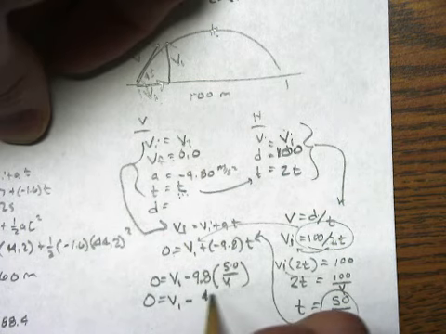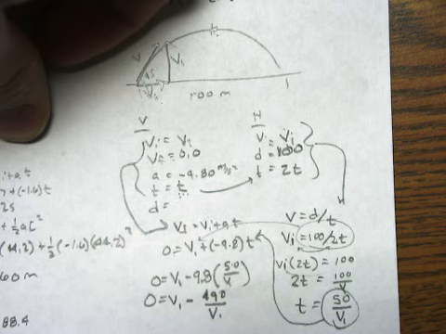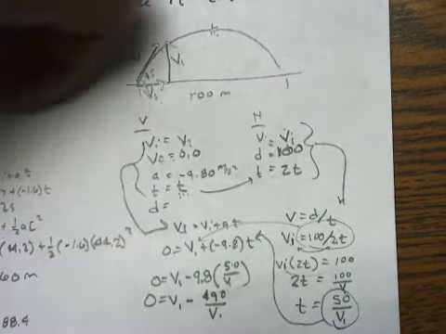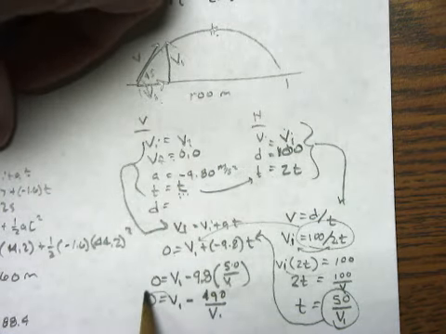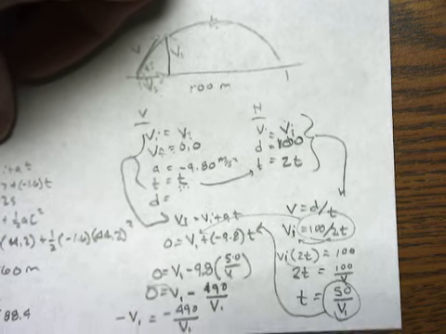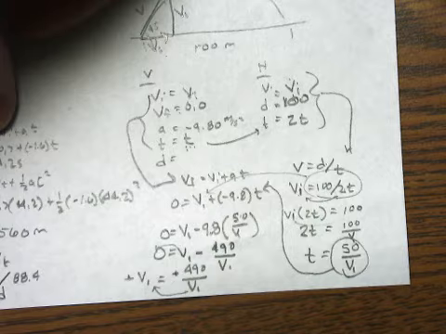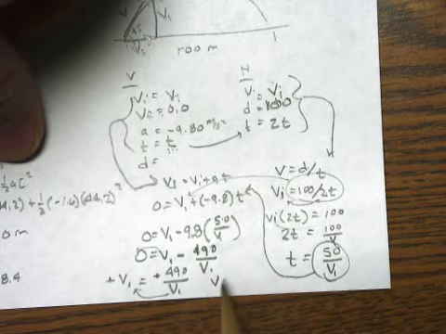So 490 over v1. Now I got to solve this for v1. So I'm going to bring this over so I get a negative v1 equals negative 490 over v1. These cancel, so they're both positives. I'm going to multiply the v1 over. So I get v1 squared equals 490.